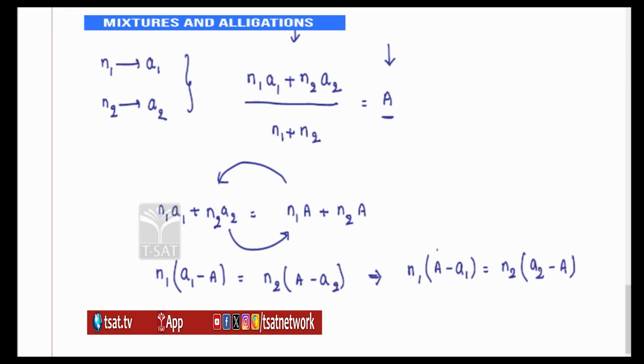Let's say this one is D1 and this one is D2. You need to understand each term: N1 and N2 are the number of members in group 1 and group 2, A1 is the average of group 1, A2 is the average of group 2, and capital A is the combined average. Now what is N1 by N2? N1 by N2 is equal to D2 by D1.